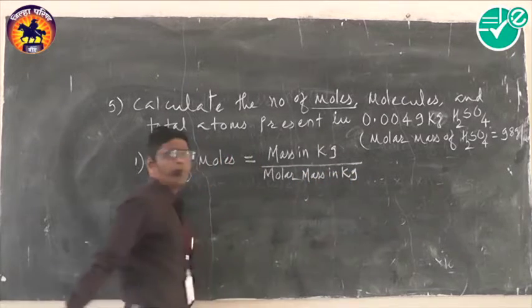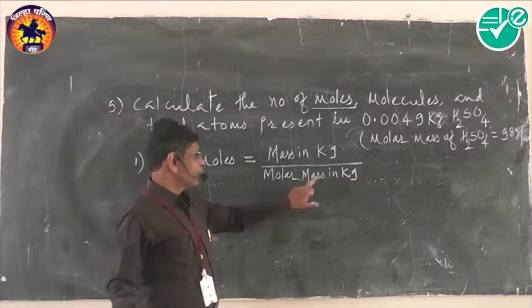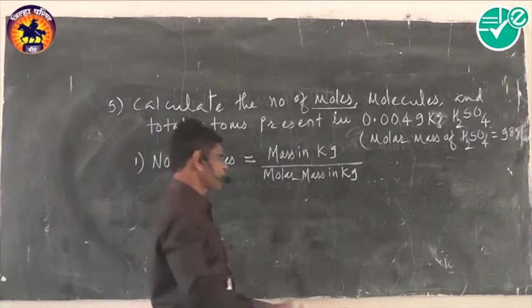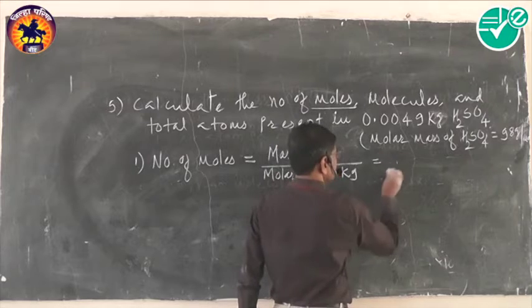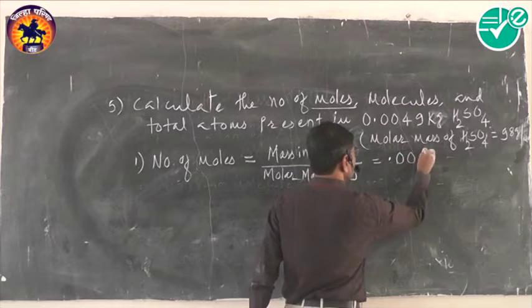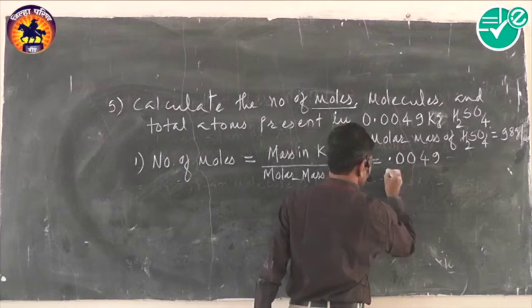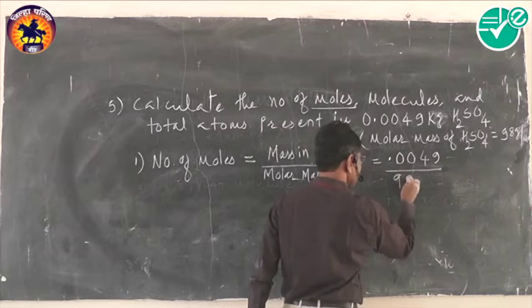So remember, if mass is expressed in kilogram, then molar mass is also expressed in kilogram, and so it is equal to 0.0049 divided by 98.